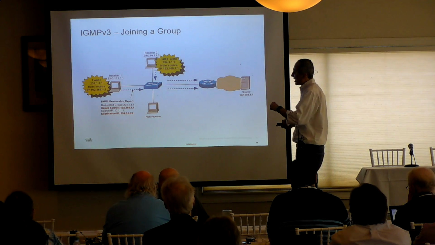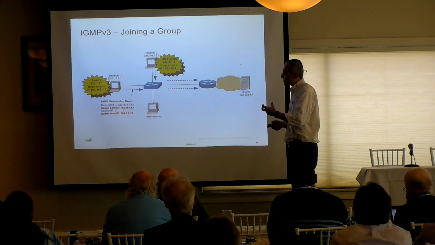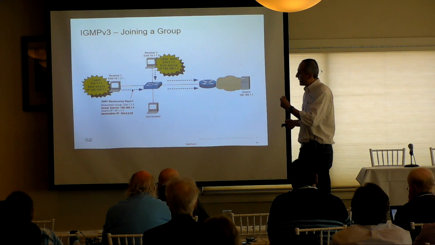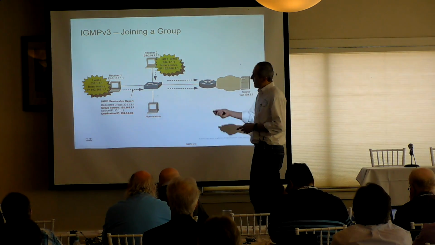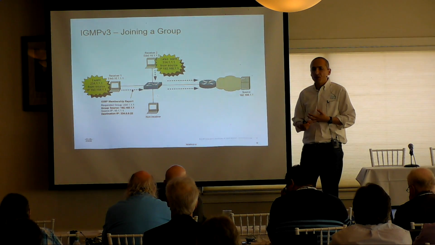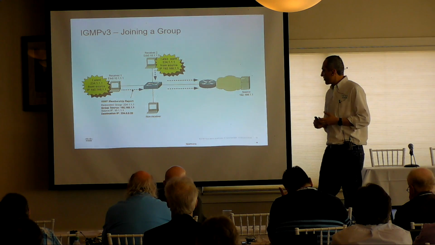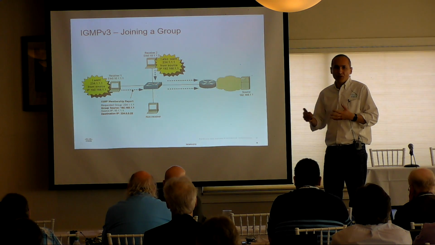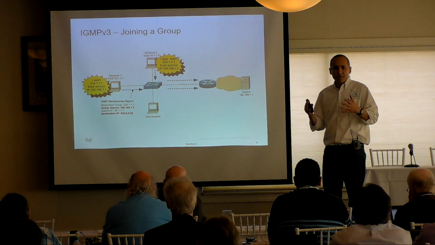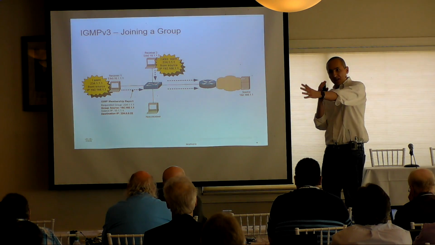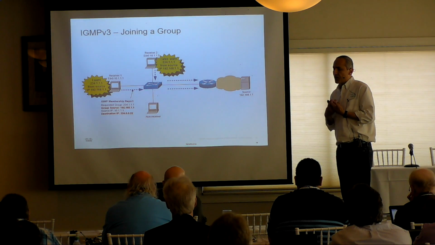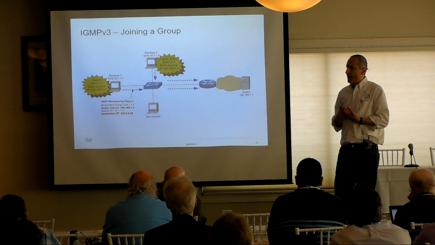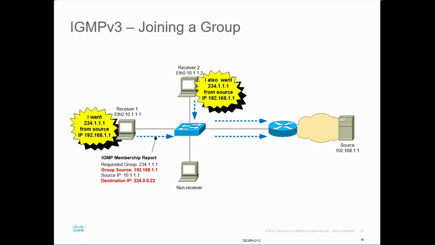IGMP v3 adds another element, the group source. So I need 234.111, and it's coming from 192.168.11. What that means is that I'm now specifying the source. And because I know where it's coming from, it's even easier to set up the path, since I know the reachability.